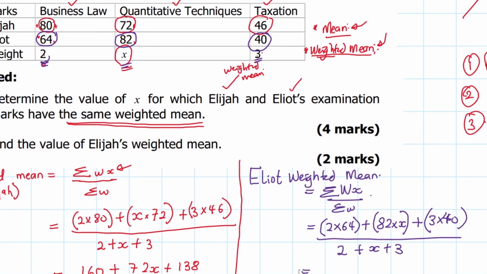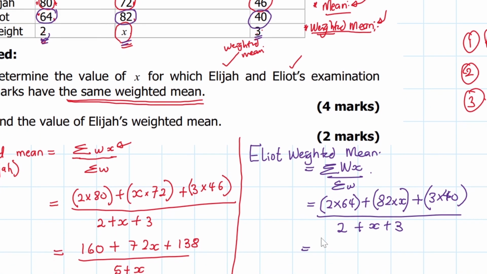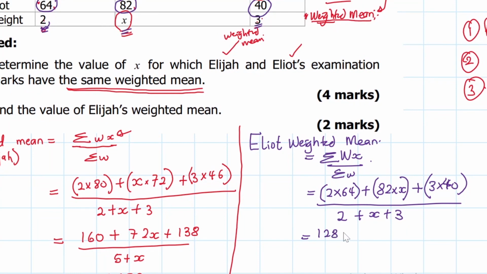Of course, 2 times 64 is going to give us 128, plus 82x, plus 120.